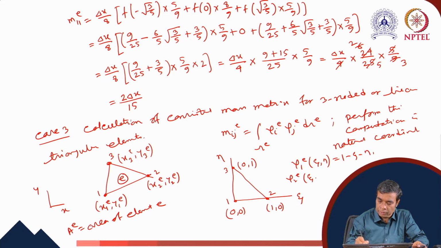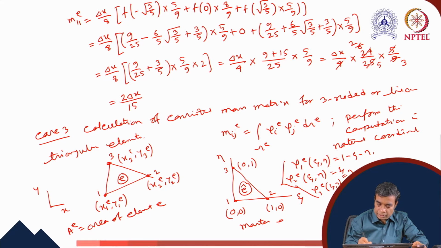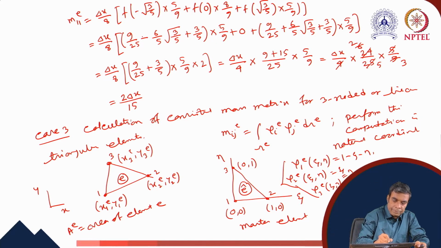Psi 2e xi eta equals to xi, and psi 3e xi eta equals to eta. These are the shape functions in the natural coordinate system. This is our master element E cap, the master element for the linear triangular element. Here this should be positive and this should be negative.